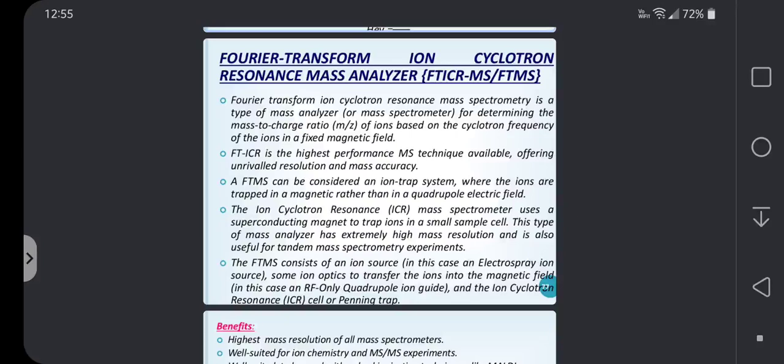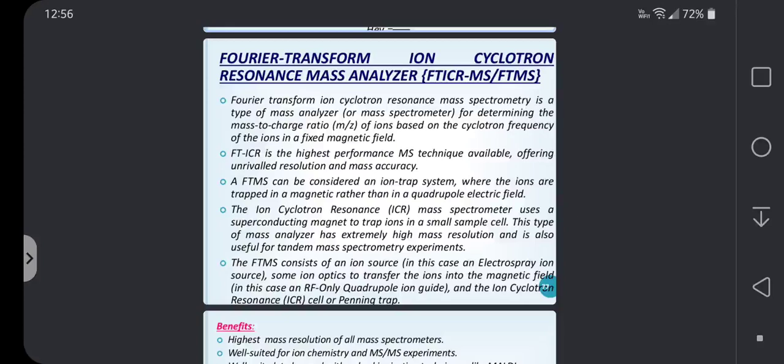An FTMS can be considered an ion trap system where the ions are trapped in a magnetic field rather than in a quadrupole electric field. The ion cyclotron resonance mass spectrometer uses a superconducting magnet to trap ions in a small sample cell. This type of mass analyzer has extremely high mass resolution and is also useful for tandem mass spectrometry experiments.